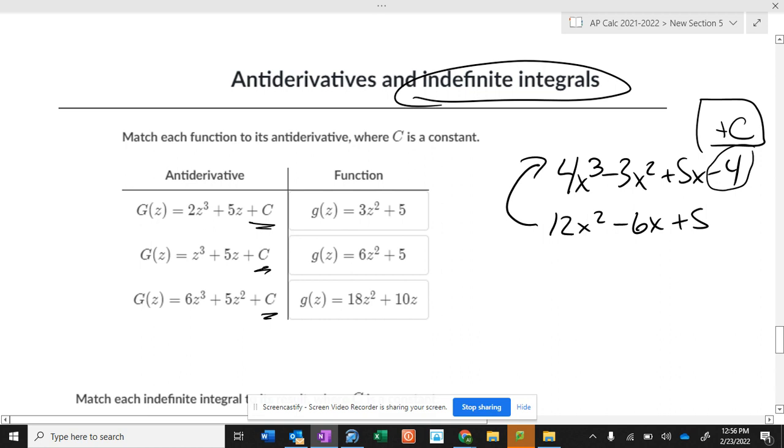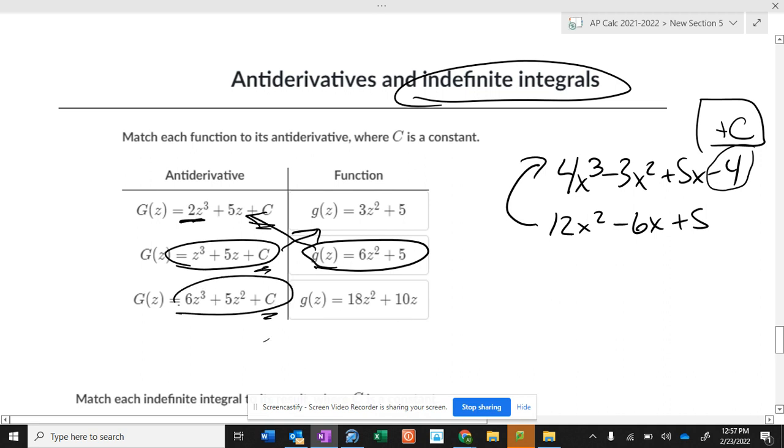If you take the derivative, think, Mr. Bishop. If you take the derivative of this, which one in the right-hand column is that? The middle one. So the middle one goes with that. If you take the derivative of this, where does it go? Top one. And the derivative of this is this. Okay?